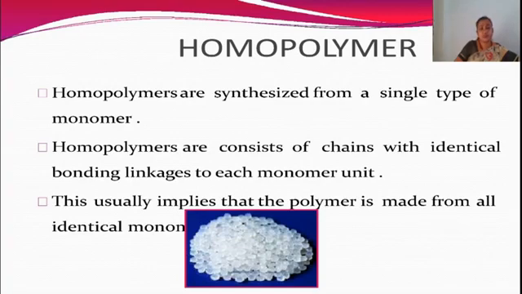These are the examples of the homopolymer. Second one, characteristics of the homopolymer are they consist of chains with identical bonding linkage to each monomer unit. Third one, this usually implies that the polymer is made from all identical monomers.